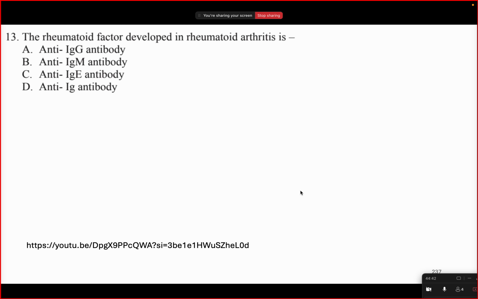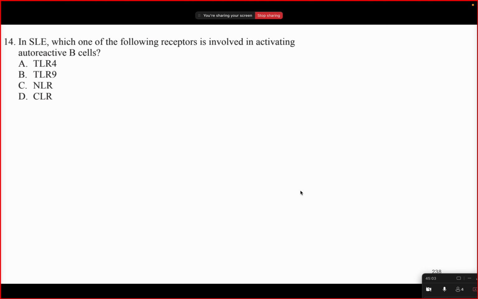The rheumatoid factor developed in rheumatoid arthritis is anti-IgG antibody, anti-IgM antibody, IgE antibody, or anti-Ig antibody. The correct answer is anti-IgG antibody.